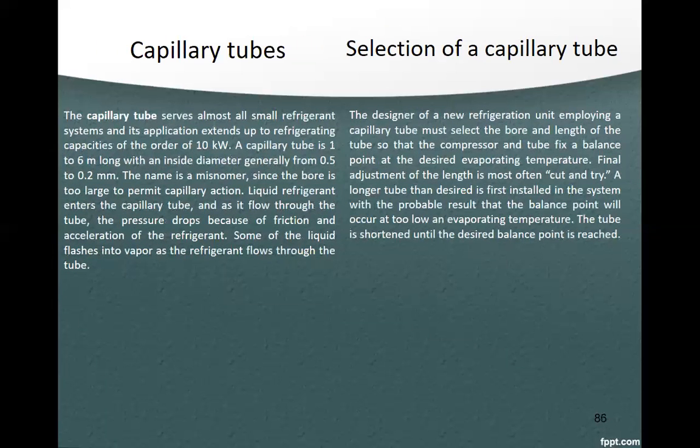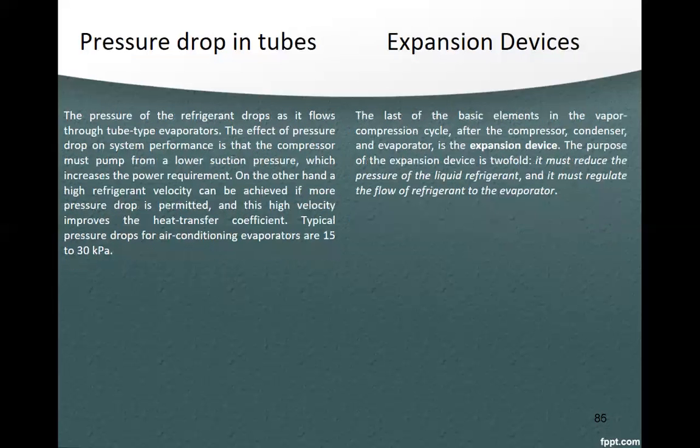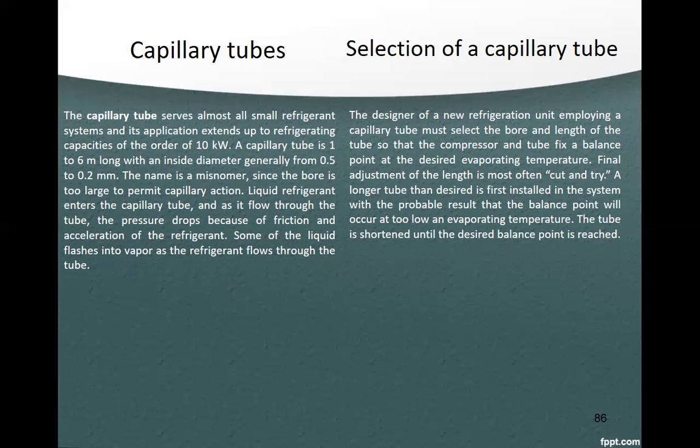A capillary tube is 1 to 6 meters long with an inside diameter generally from 0.5 to 2 millimeters. So makita niyo malilit na aircon, wala siyang expansion valve devices, kundi capillary tube, yung nakakoil lang na tubo. The name is a misnomer since the bore is too large to permit capillary action.